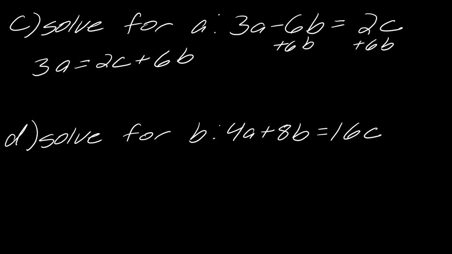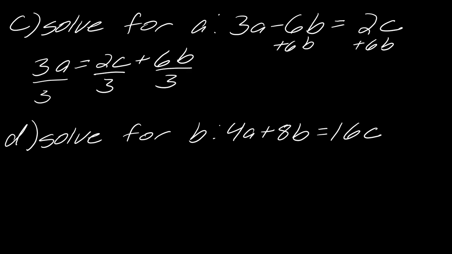Okay, so to finish this, now I've got 3 times a, and I want to get the a by itself. So I'm just going to divide everything by 3. Now, how would you simplify something like this? There's actually 2 different ways that you can think about the division. You could think about just dividing like this, but a lot of times you're going to have to simplify this as far as possible. So instead, just to make sure that you don't make a mistake, divide each part by 3, like this.